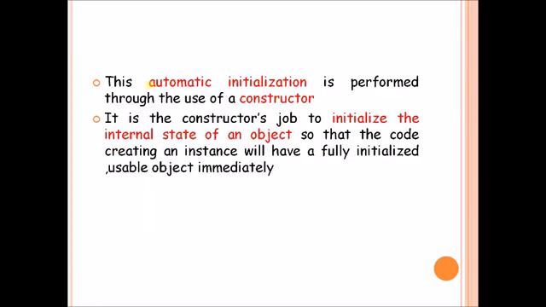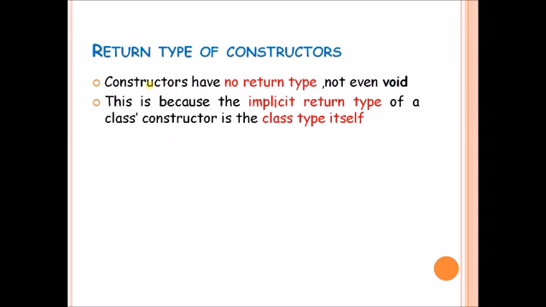This automatic initialization is performed through the use of a constructor. It is the constructor's job to initialize the internal state of an object so that the code creating an instance will have a fully initialized usable object immediately.